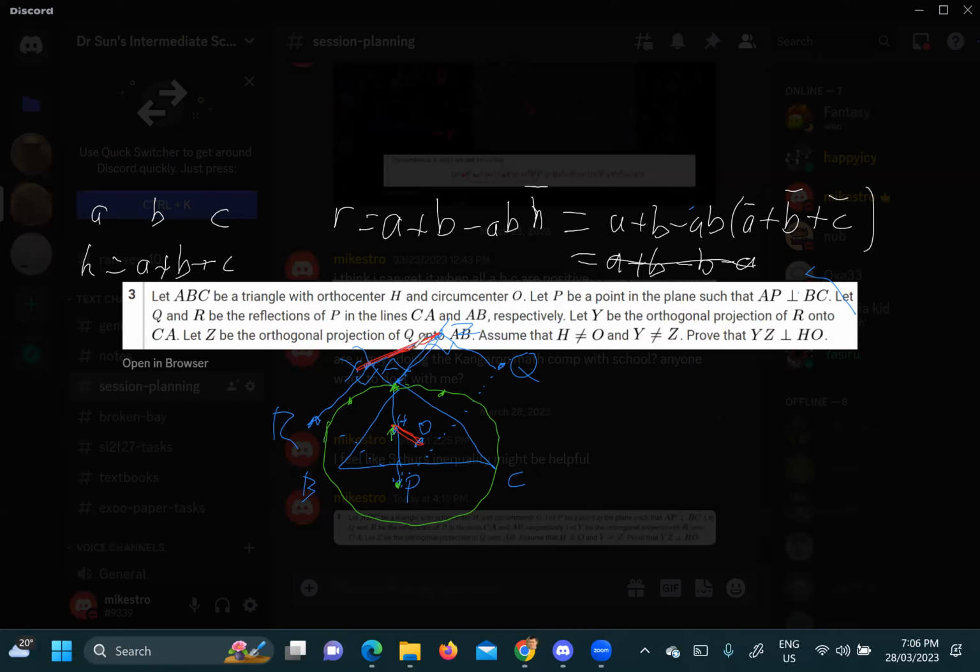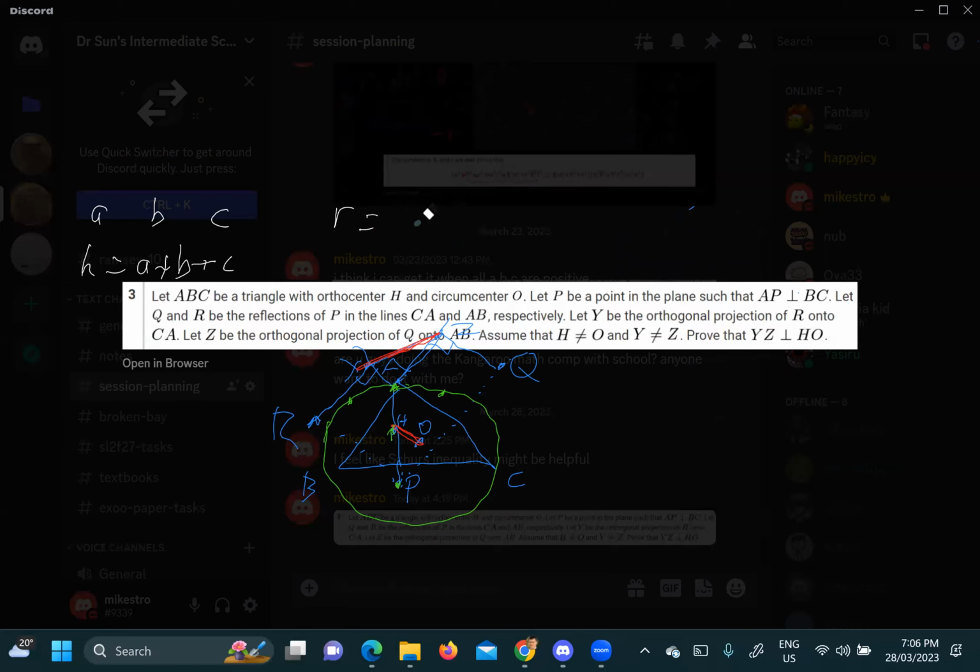So it's minus ABC bar. That's R, because I reflected, and it's clearly on the unit circle.